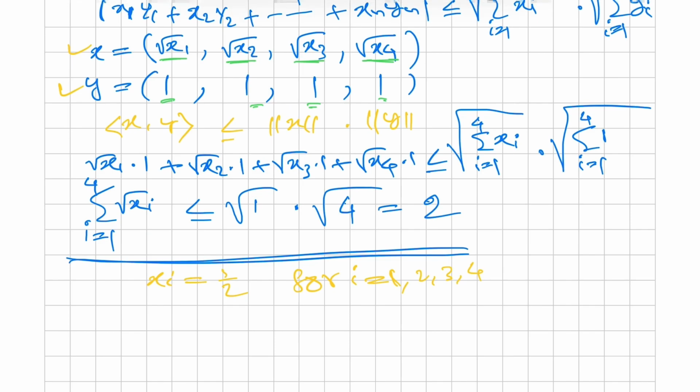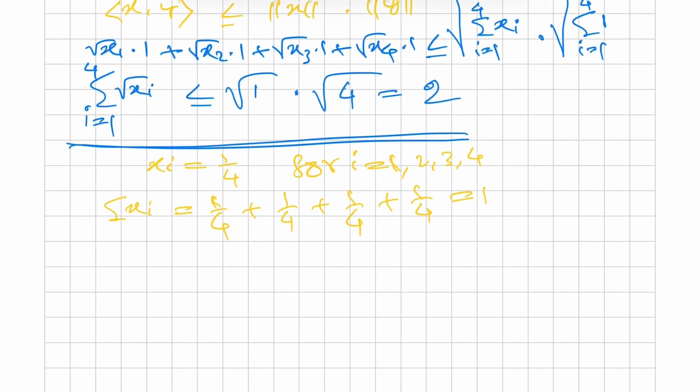Then what is the summation of xi? That is 1/4 plus 1/4 plus 1/4 plus 1/4, which gives 1. And what is the summation of square root of xi? That is half plus half plus half plus half, which is 2.